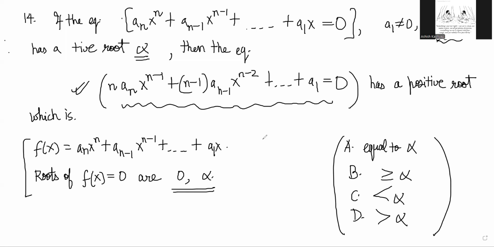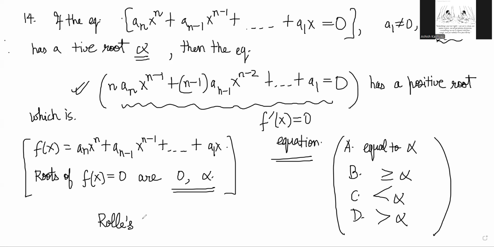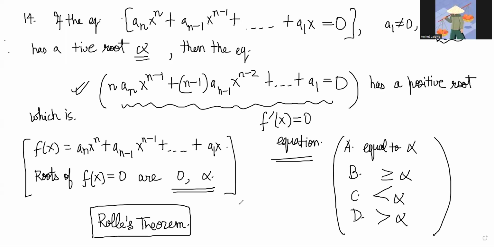Now, anybody who has studied a little bit of calculus, for them this question is super easy because this is the f dash x equals zero equation. What is Rolle's theorem? रोल्स थ्योरम। For people who know a little calculus.